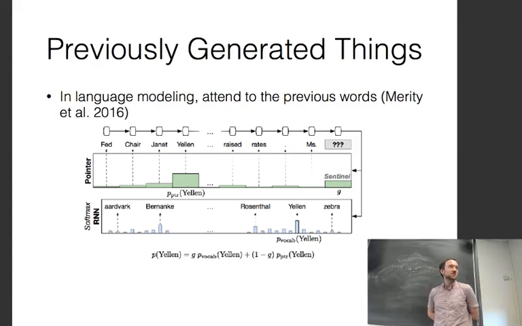Because I generated attention already, you know that I'm probably going to say it again and continue to say it many, many times. So the idea here is basically that once you've generated a word, you attend to the words you previously generated and decide whether you want to copy them or not. This is an extension or a different variant of the copying mechanism that I just explained before. You could also use this for translation or dialogue generation if you wanted to as well.